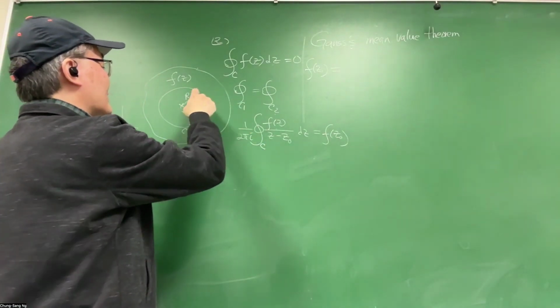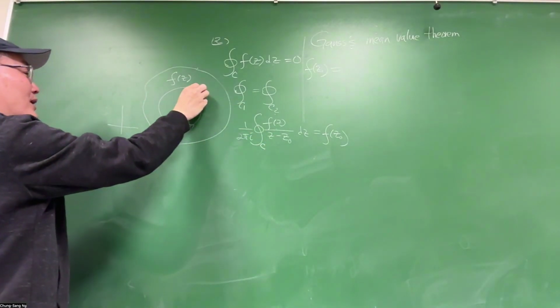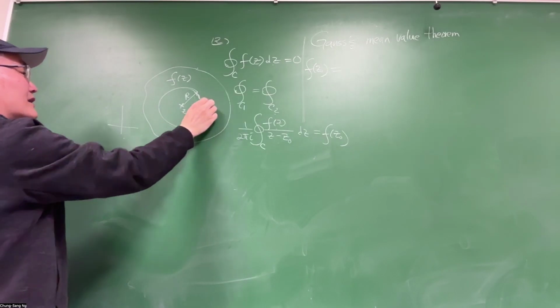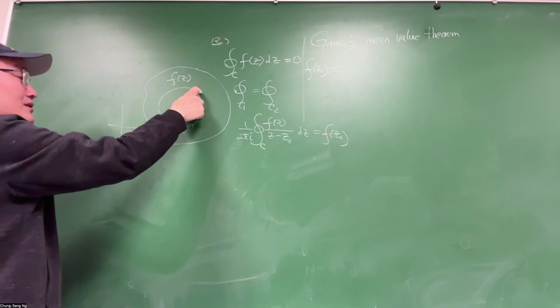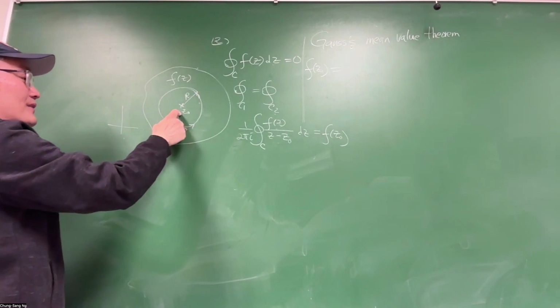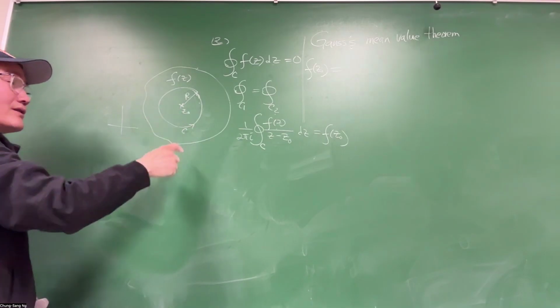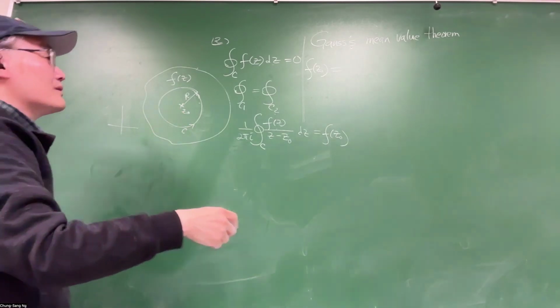So this is the distance. The circular property is that all the points on the circle have the same distance from the center, which is now z sub 0.